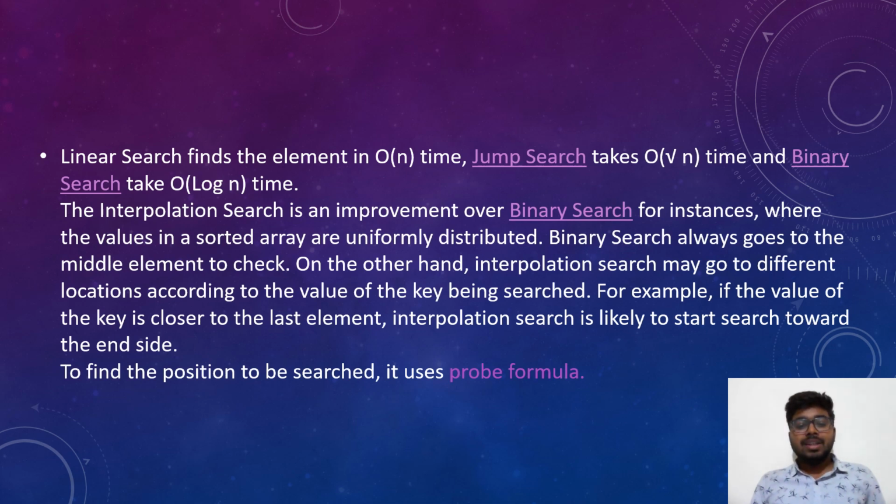On the other hand, interpolation search may go to different locations according to the value of the key being searched. For example, if the value of the key is closer to the last element, interpolation search is likely to start searching toward the end side to find the position to be searched. It uses the probe formula, which has already been said to you.